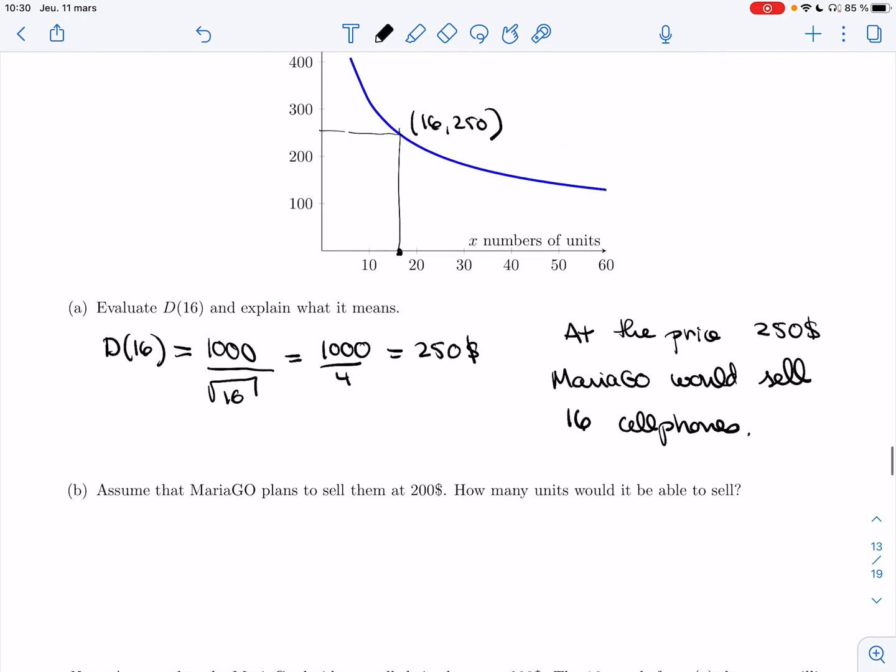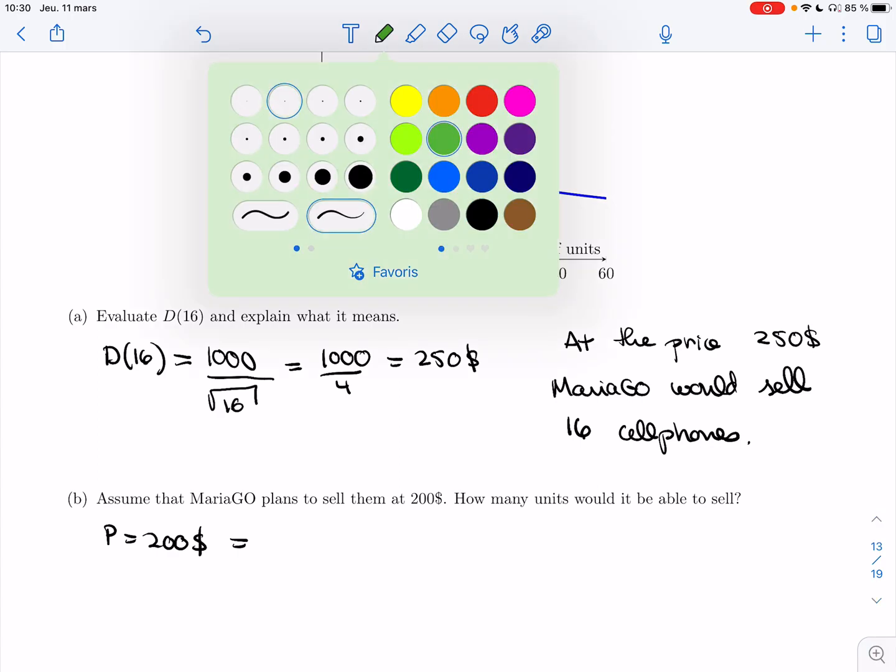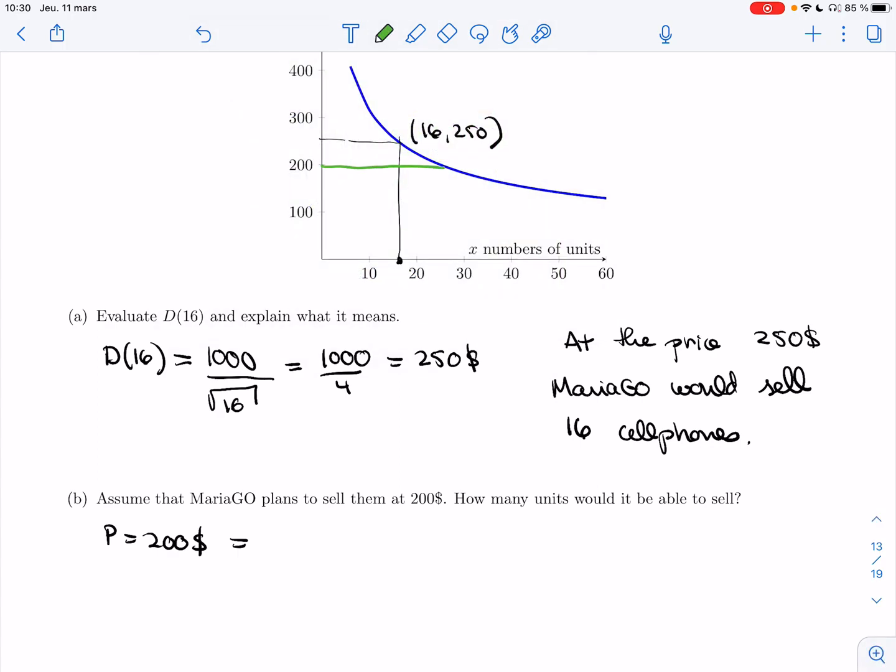All right, part B. Assume that Mariago plans to sell them at $200. How many units would it be able to sell? So now the price is $200. The price is what comes out, and so here on this graph, the price of 200 would give you the y value, and you're trying to figure out where this is.